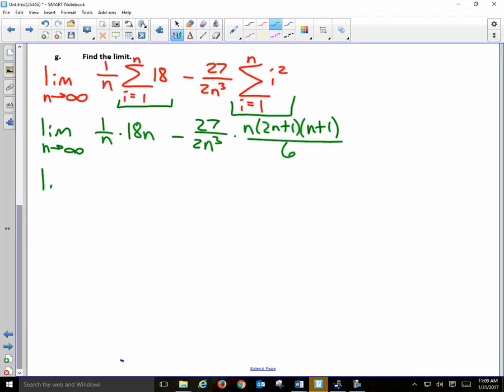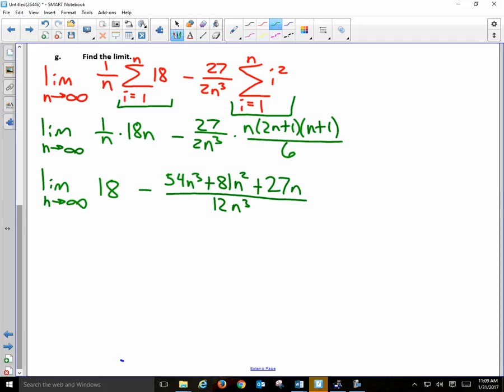We have the limit as n goes to infinity of 18 minus 54n cubed, 81n squared, all over 12n cubed.